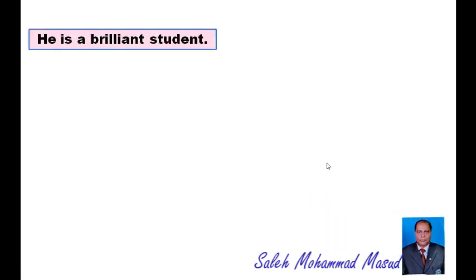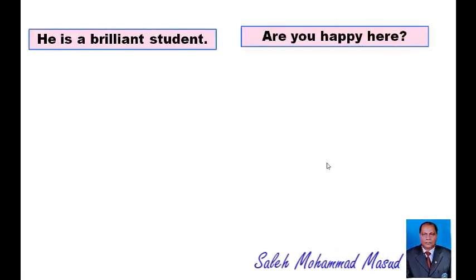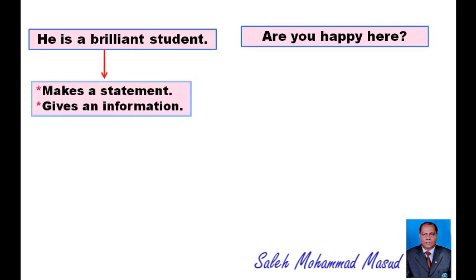Look at the sentences here. The first one, he is a brilliant student. What does the sentence do here? Yes, it makes a statement and it gives information. This kind of sentence is called an assertive sentence.